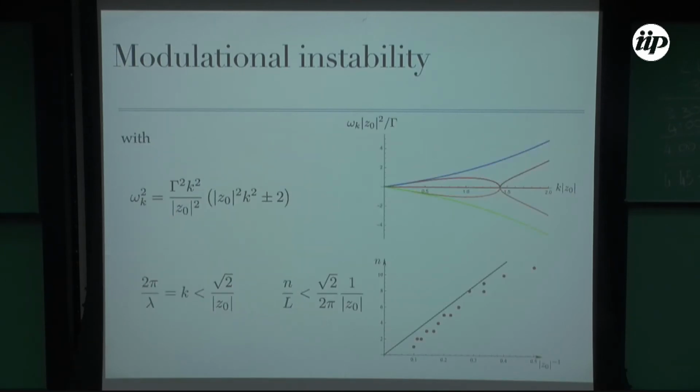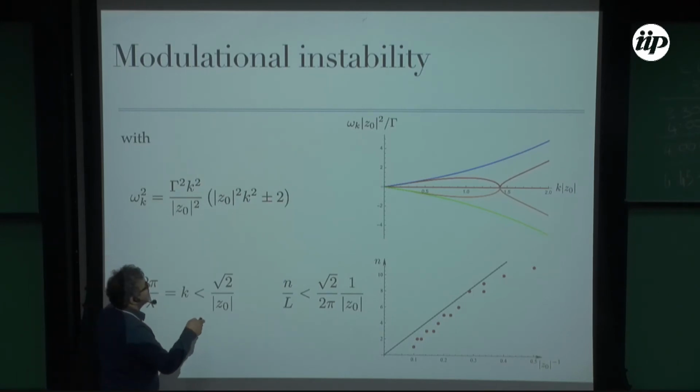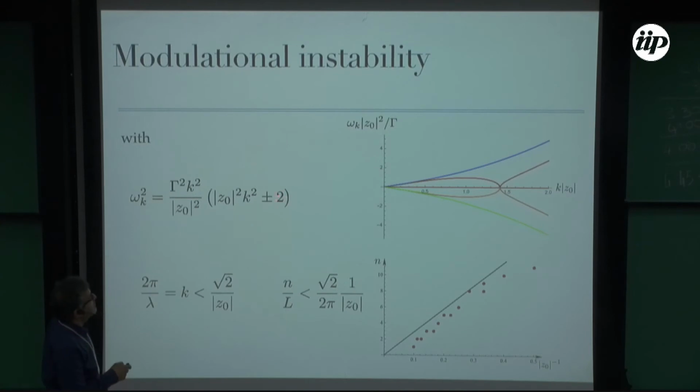You see that the eigenvalues or frequencies in this case look like that. The square of omega is equal to this number plus this other, plus minus 2. There are 2 eigenvalues. One is always safe, the plus, but the minus is negative for small k.